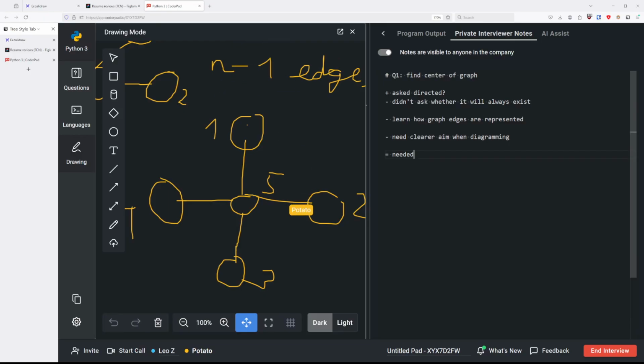Okay, so if we have 3 nodes and n minus 1 edges, if we have a number of nodes, like this one, we will have 5 nodes and then 4 edges.